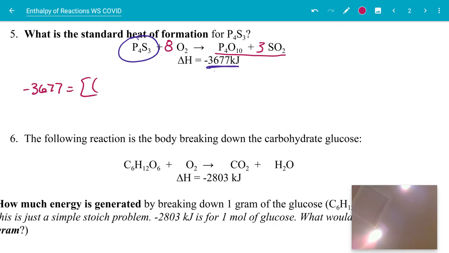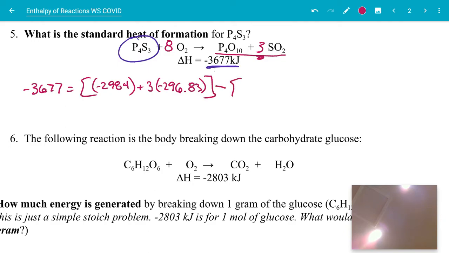Give me just a second to find it on my table. And it's a minus 2984 plus, and then there are 3 sulfur dioxide, so 3, and then sulfur dioxide we've already seen a whole bunch of times today, minus 296.83. And that, ladies and gentlemen, is our products.